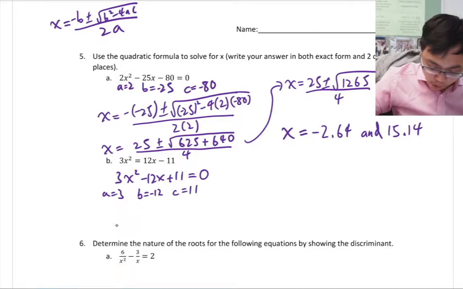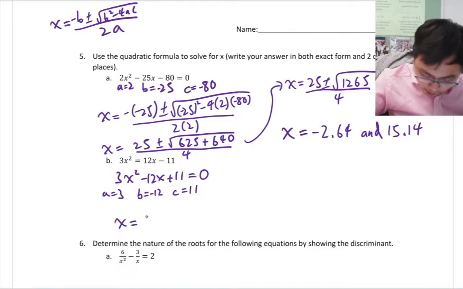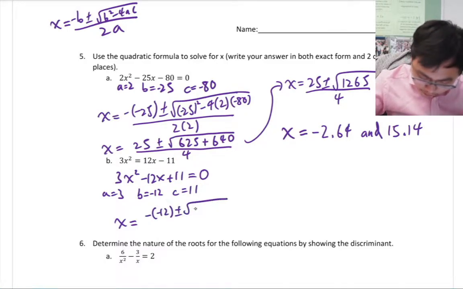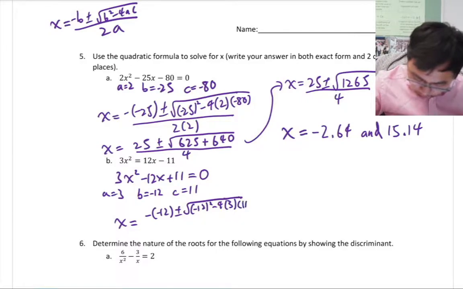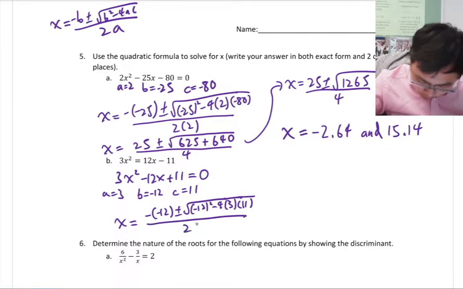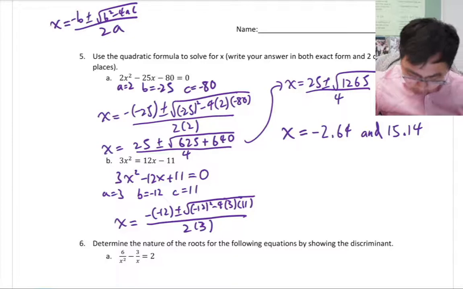So let's put that into our equation. x is equal to negative b plus or minus the square root of b squared, so that's negative 12 squared, minus 4 times a, which is 3, times c, which is 11, and then all divided by 2 times 3. Okay, let's clean those up.